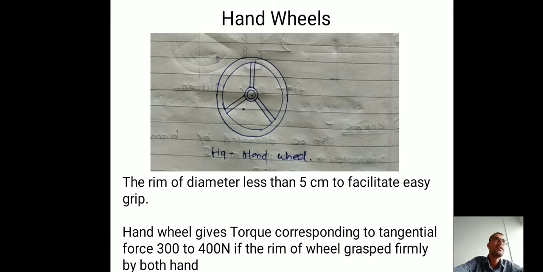If we design this hand wheel with diameter less than 5 centimeter, then we can easily operate it by 2 hands, correct? And in that condition, by 2 hands we can apply the tangential force of 300 to 400 Newton, which is required for operating that hand wheel.